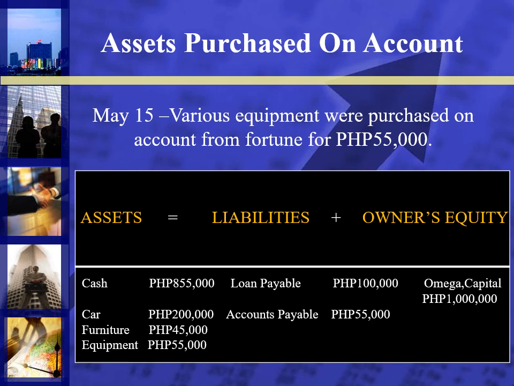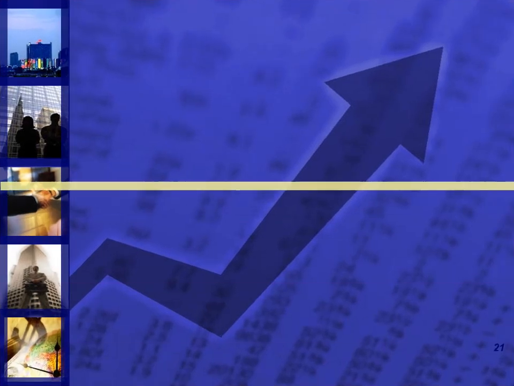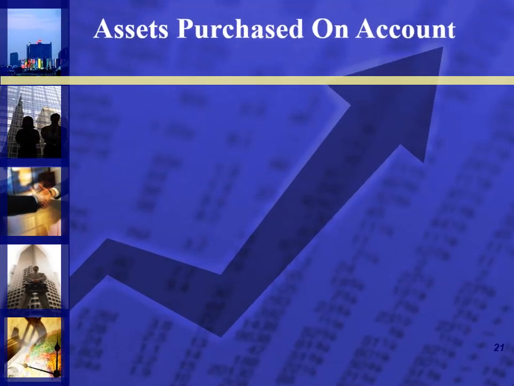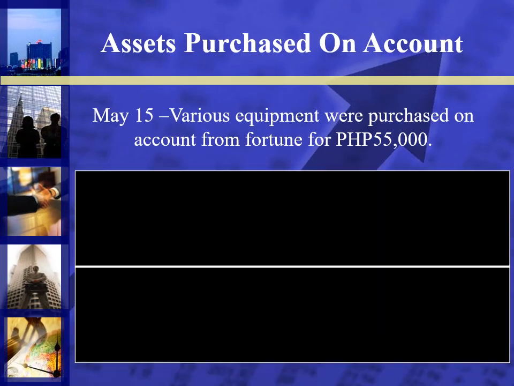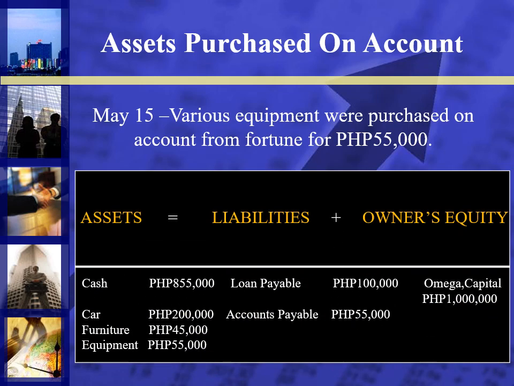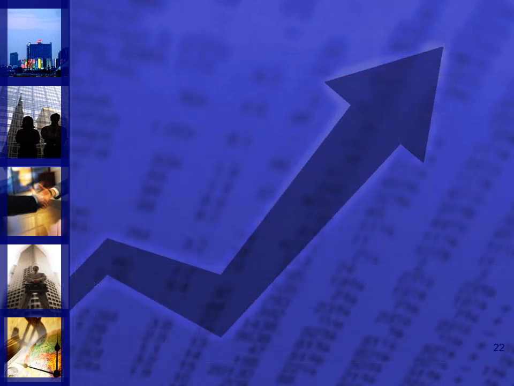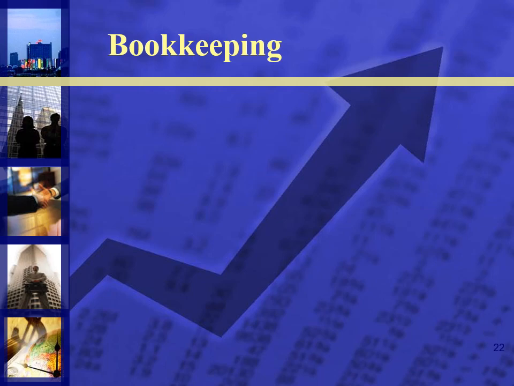Yes. Okay. Cash 855, car of 200,000, furniture. Any question? Okay, because you're going to do the T account.